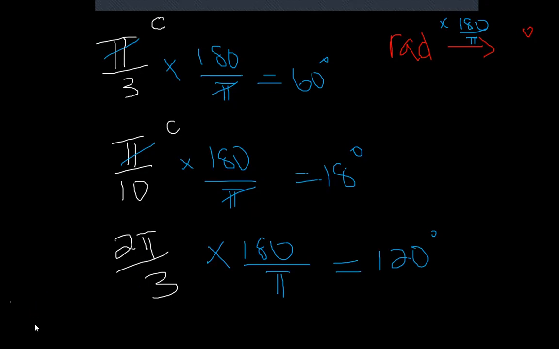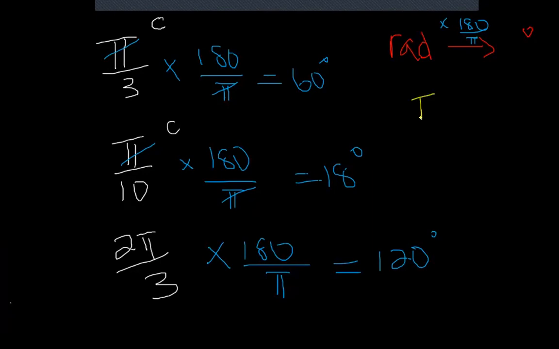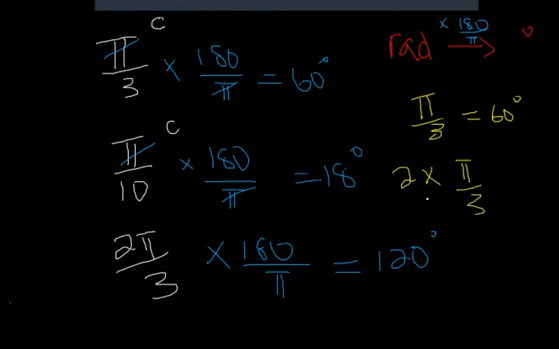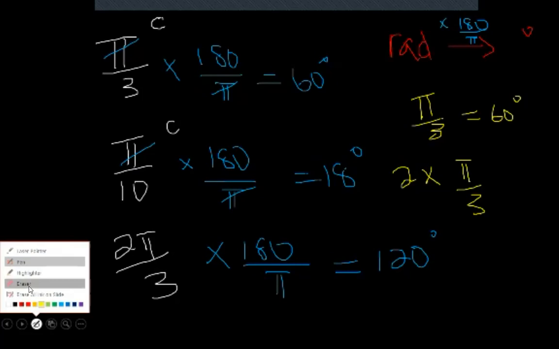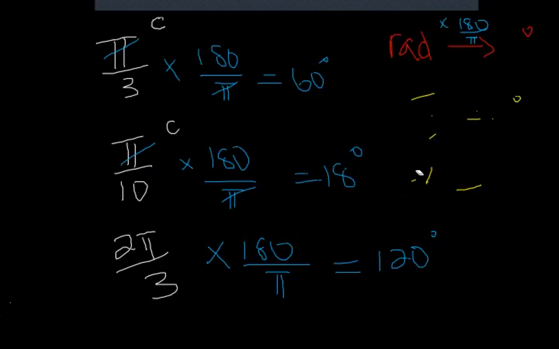So 2 pi on 3 can also be written as 2 multiplied by pi on 3. So if pi on 3 is 60, then 2 times 60 is 120. Just in case you noticed this, these two are related. But anyway, you didn't have to do that. That was the point of the exercise, so let's still use this method.